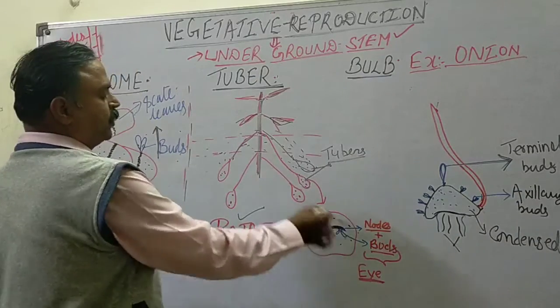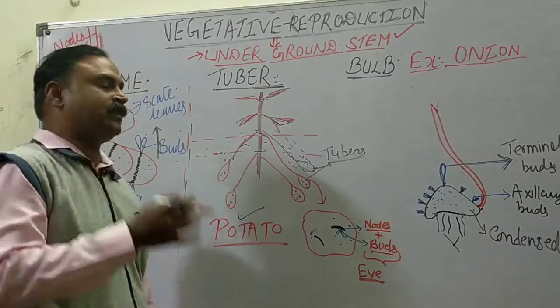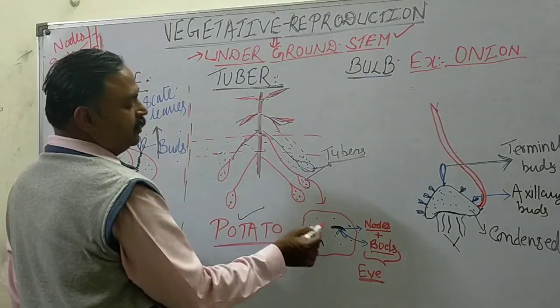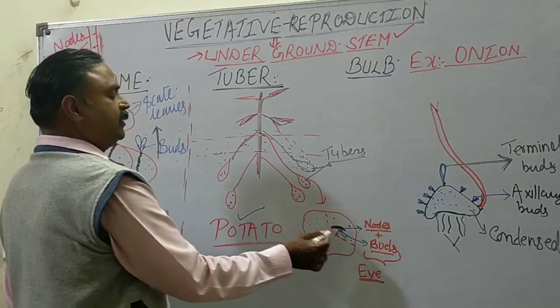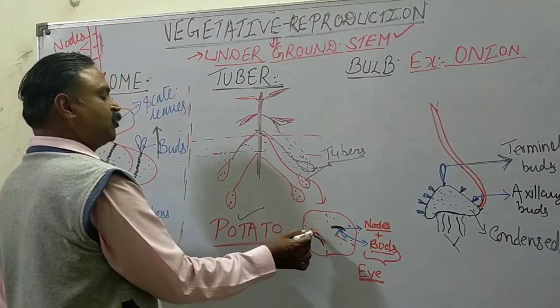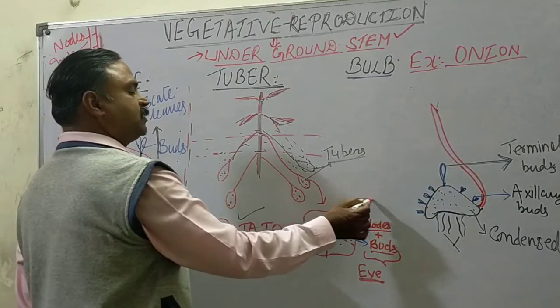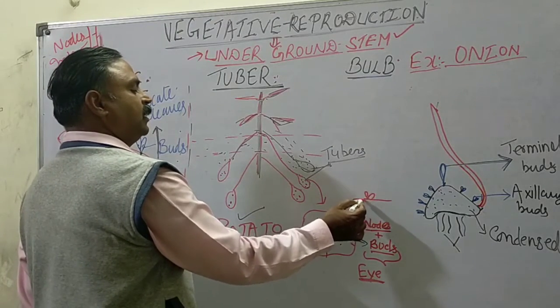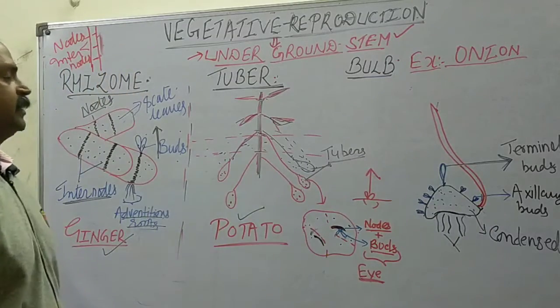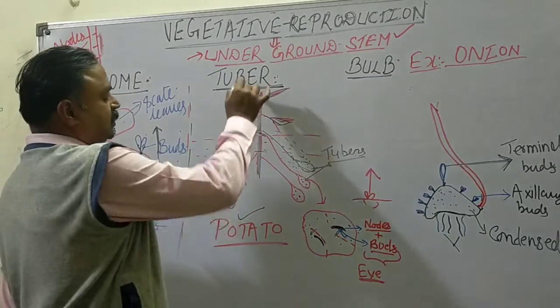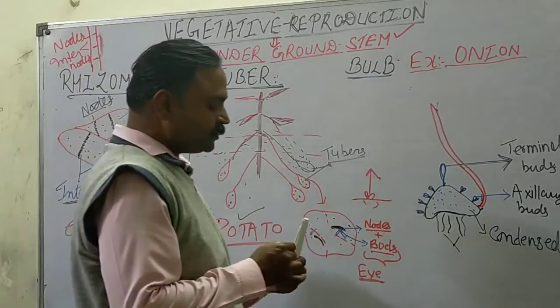Now this potato can be considered as the seed of the plant. As many eyes as the potato has, the farmer divides the tuber into that many parts and sows them in the soil, and the bud develops into a new plant. Clear, children?